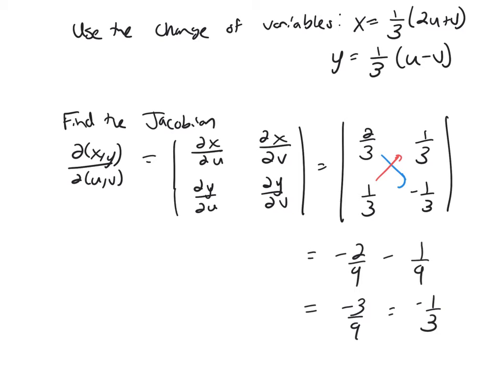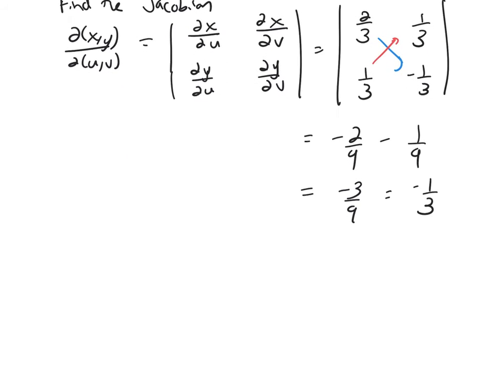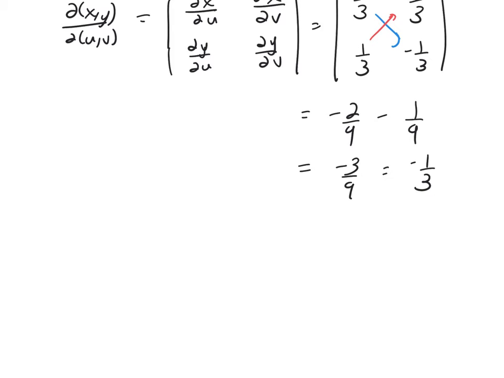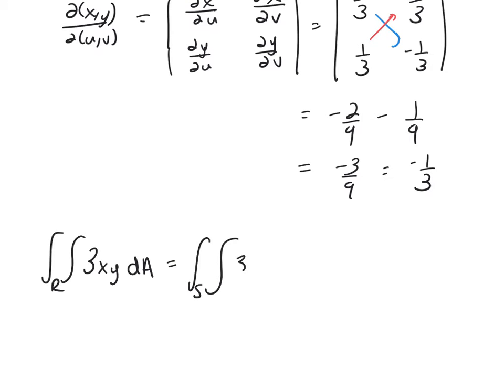Now we're ready to start changing our variables and our integral. A double integral over R. So it's the double integral over our region S now. 3. Plug in for x, it's 1/3 (2u plus v).